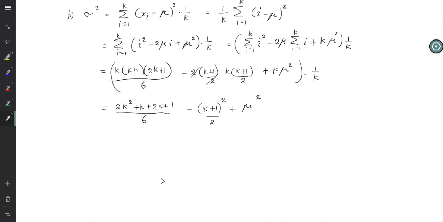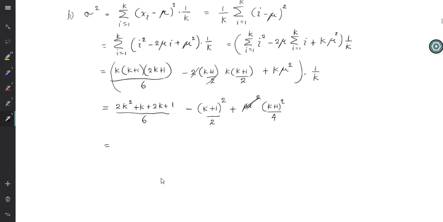Okay, and we know that mu is (k plus 1) over 2. So you can either replace this with simply (k plus 1) square divided by 4. Right? Mu is (k plus 1) over 2. When you square it, you get (k plus 1) square divided by 4.